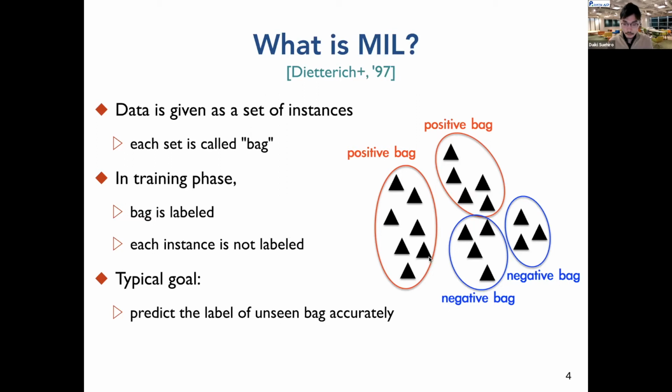This is a bag. And this is important: in the training phase, the bag is labeled, but each instance is not labeled. And the typical goal is to find some rule to predict the label of an unseen bag accurately.